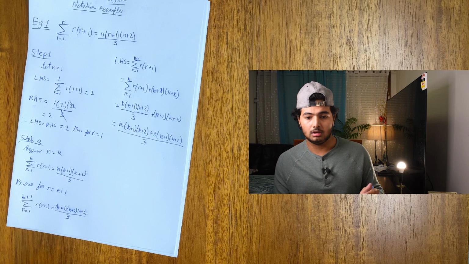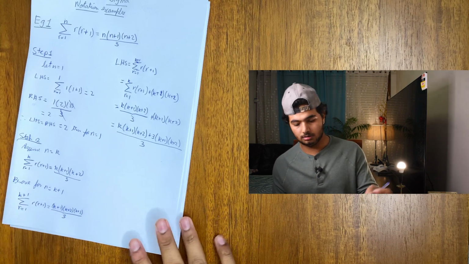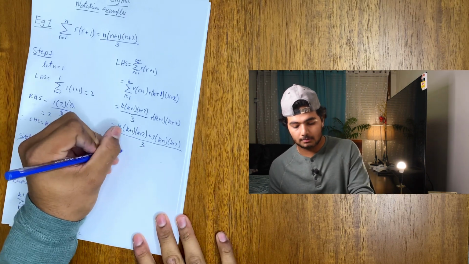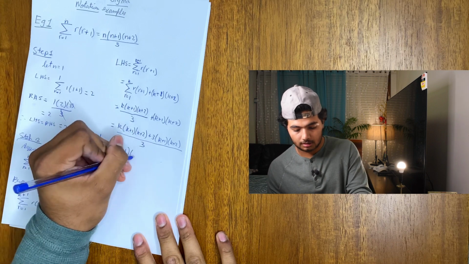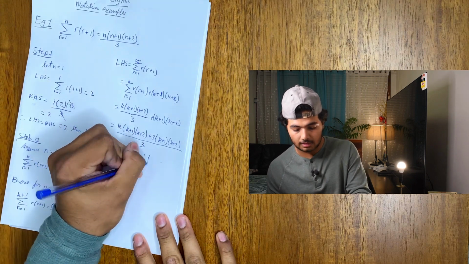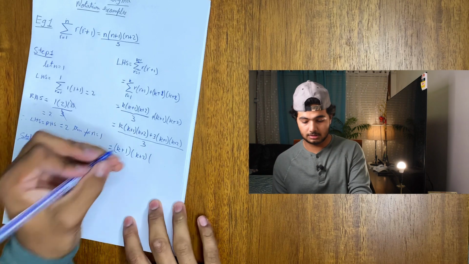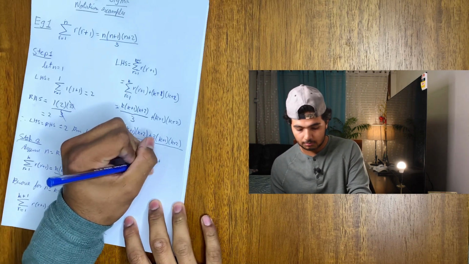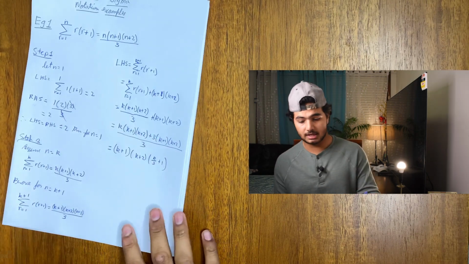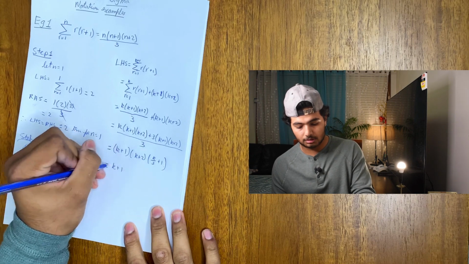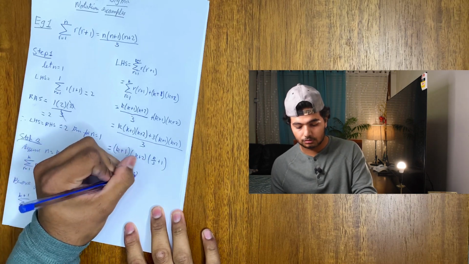Next step would be rewrite this as k plus 1, correct? K plus 2. And then this third part we can rewrite as k upon 3 plus 1. In this case, write this k plus 1 plus 2.